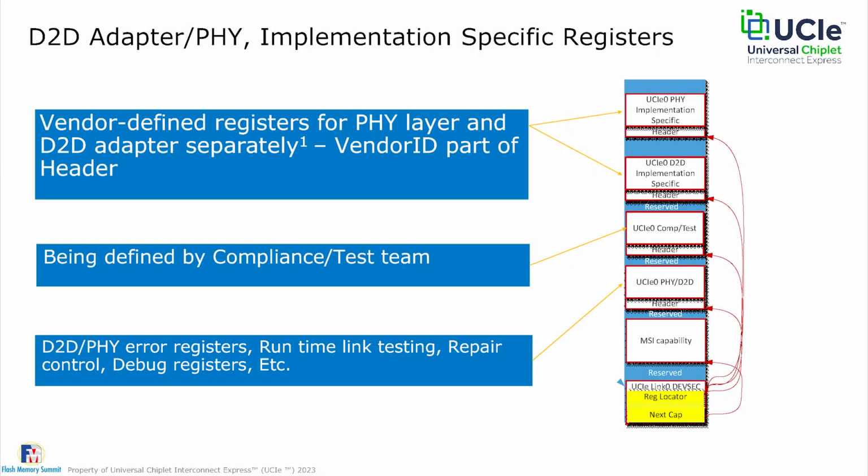You could buy a PHY IP from one vendor and the die-to-die adapter IP from another vendor. How do we detect which one of them is what? You have to be able to decipher which IP is being used on a certain product. So that's why those have been defined. Those are implementation specific IDs. You can have an additional vendor ID, additional information about the IP block itself, which is being used in all of these paths.